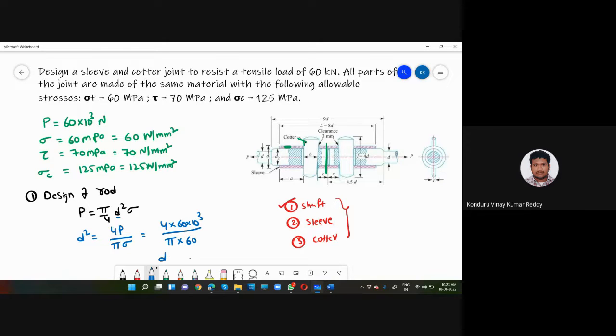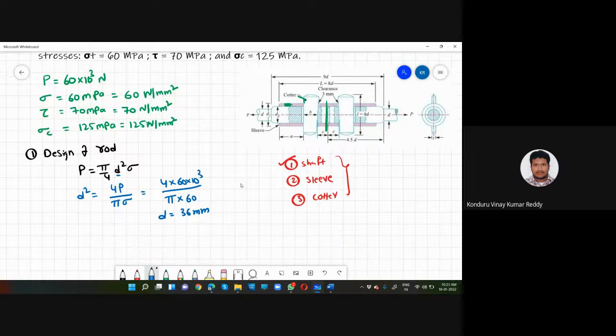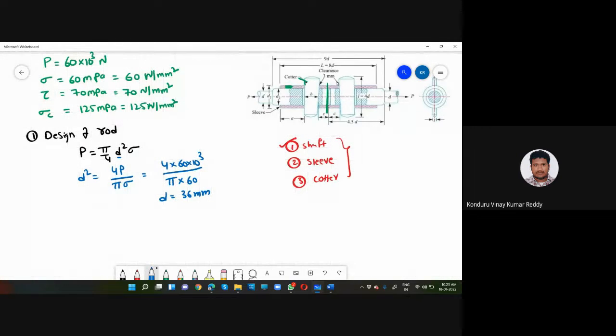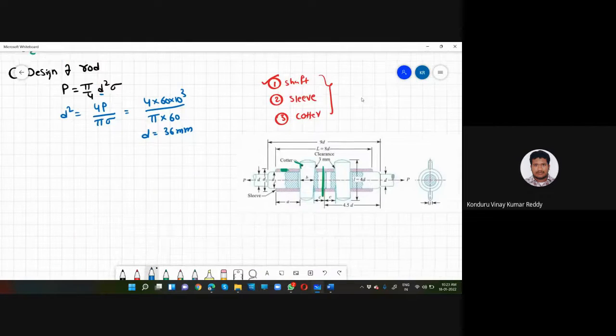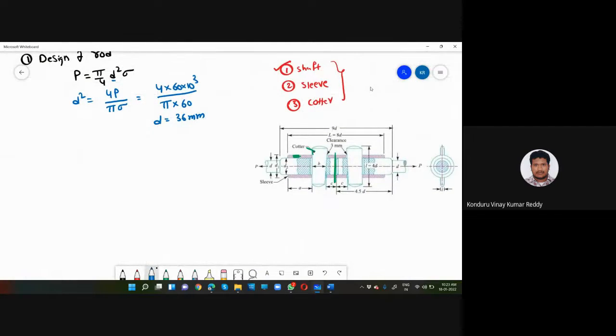Thereby you will get the diameter equal to 36 millimeters. I think everybody is clear. See here, we have designed our first one, that is, our shaft. Now we have to design our sleeve.